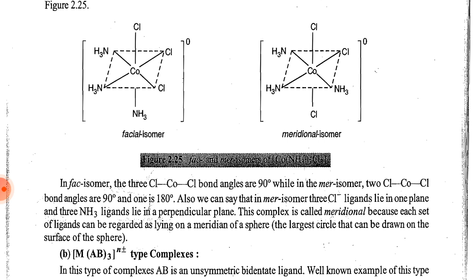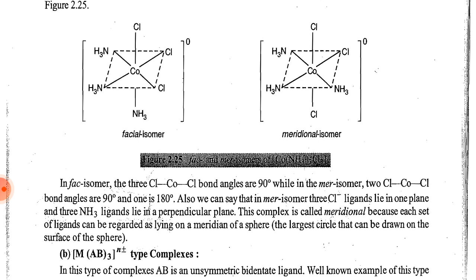So the same kind of ligands show different bond angles, and the three same ligands occupy the corner of a bisecting plane and they lie perpendicular to each other, so they are called meridional.